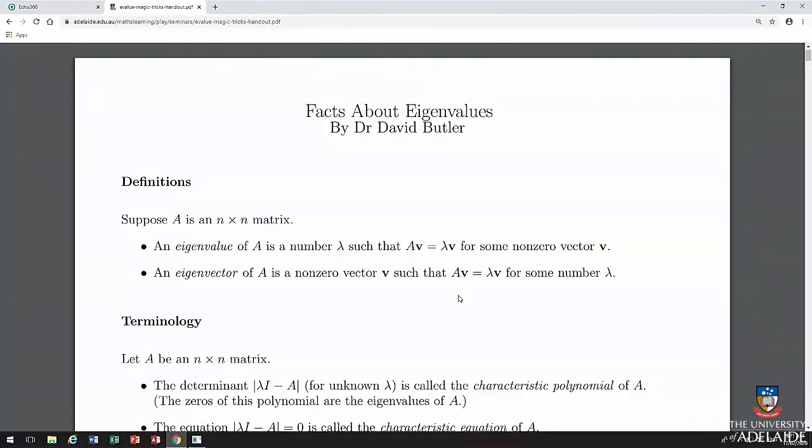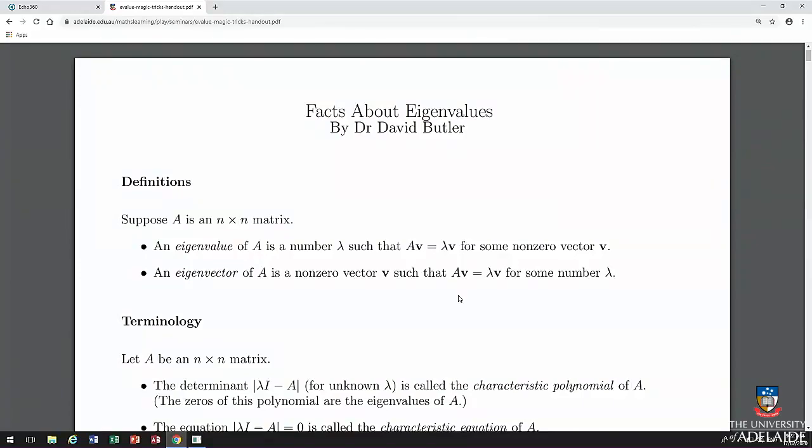If 0 was allowed, every number would be an eigenvalue, and that's stupid. So only non-zero vectors. And an eigenvector is a non-zero vector such that that happens for some lambda. So you can think about it in terms of the number, or in terms of the vector, but they both really need to be there in order for this to work.